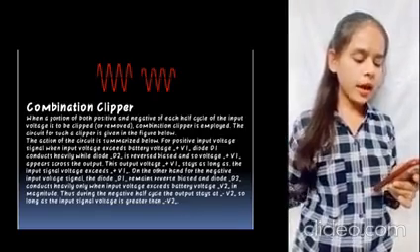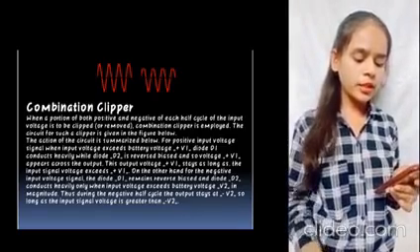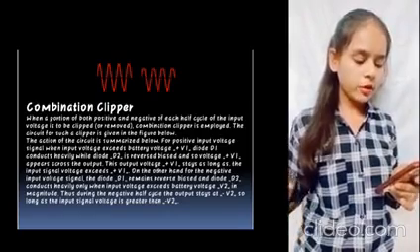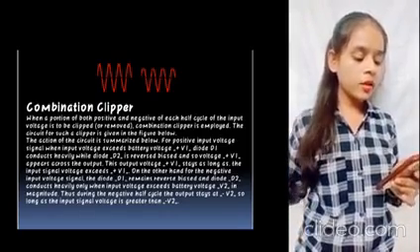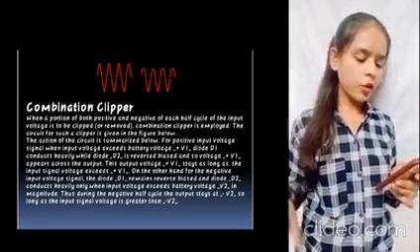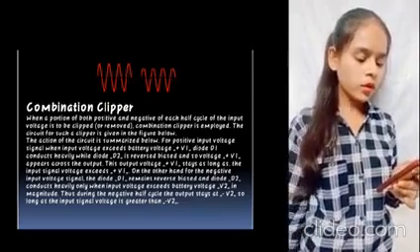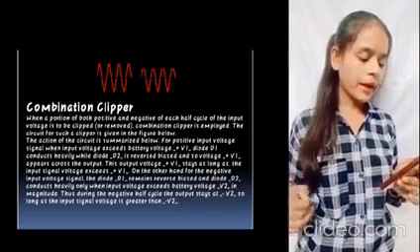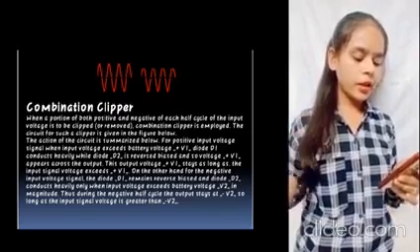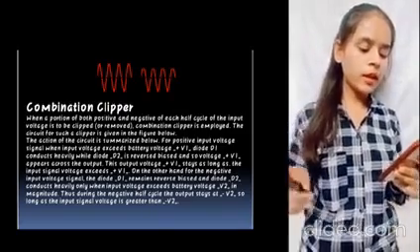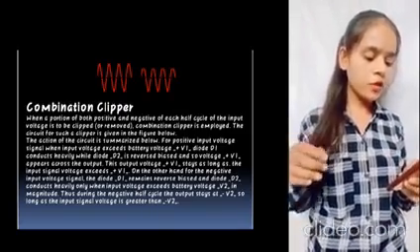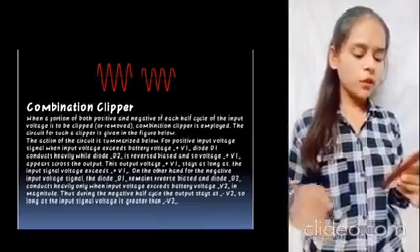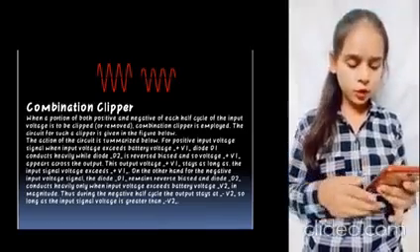On the other hand, for the negative input voltage signal, the diode D1 remains reverse biased and the diode D2 conducts heavily only when the input voltage exceeds battery voltage V2 in magnitude. During the negative half cycle the output stays at minus V2 so long as the input signal voltage is greater than minus V2.